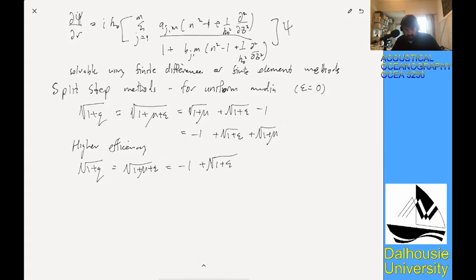Epsilon 1 plus mu as we had before, but now we're going to say minus 1 plus 1 plus mu minus 1 plus epsilon all over 2, and a second term minus 1 plus mu minus 1 plus epsilon all over 2.